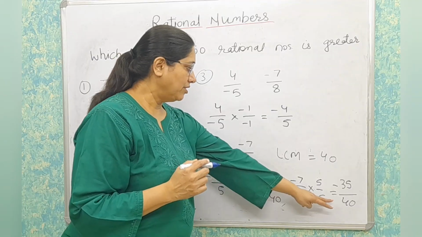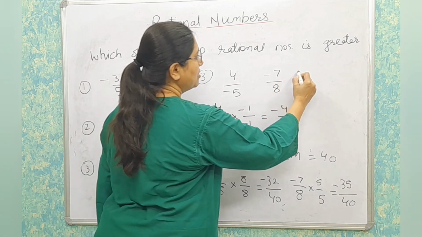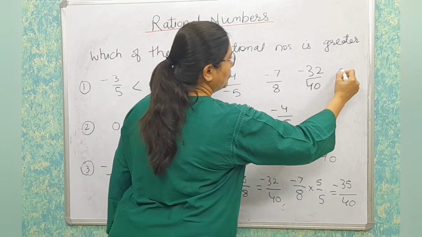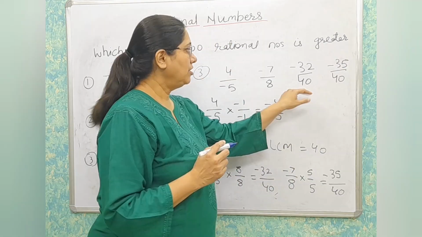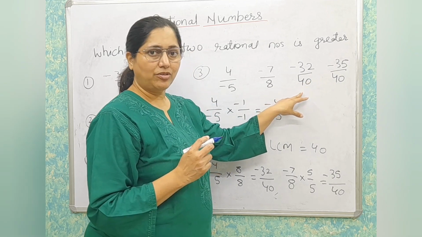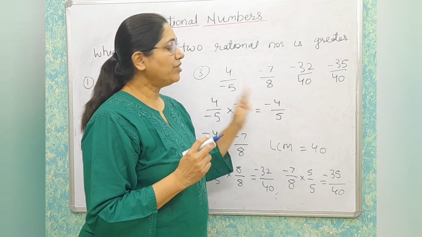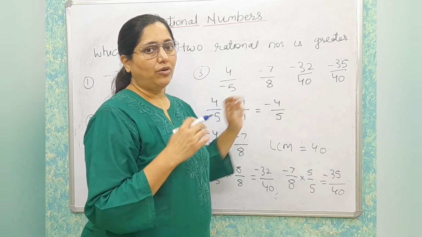Now I am having two numbers with the same denominator. First one is minus 32 upon 40 and second is minus 35 upon 40. Both the numbers have the same denominator and both have a positive denominator. Now we can compare them, which one is greater and which one is smaller.